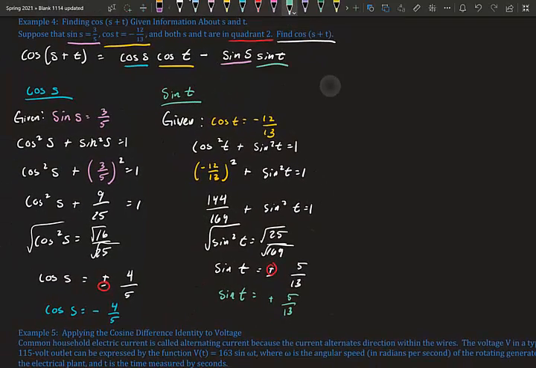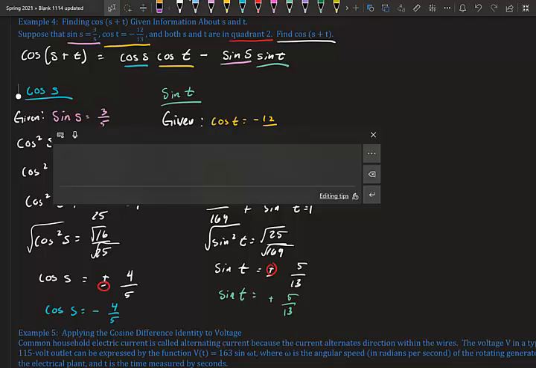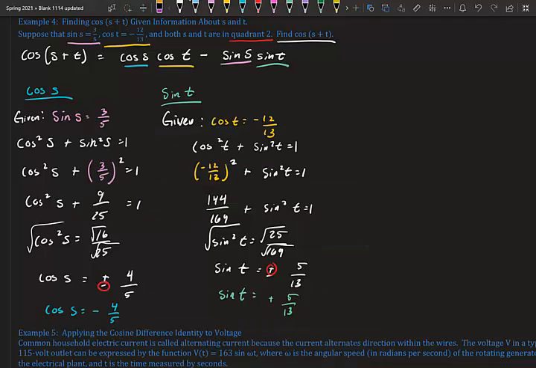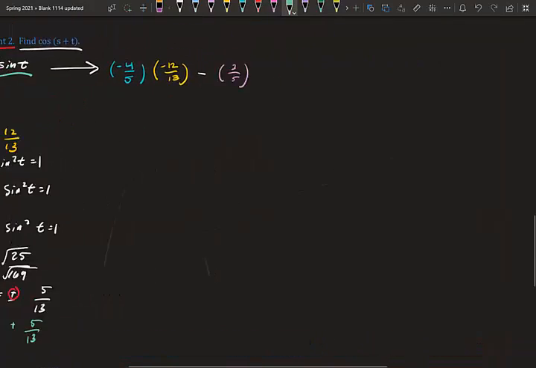Now we have all the values. Now that we have all the values, plug them back in. We have cosine s, that's negative 4 over 5. We have cosine t, which was given, and that's negative 12 over 13. Then we're going to subtract sine s, which was 3 over 5, multiplied by sine t, which we just found, 5 over 13.